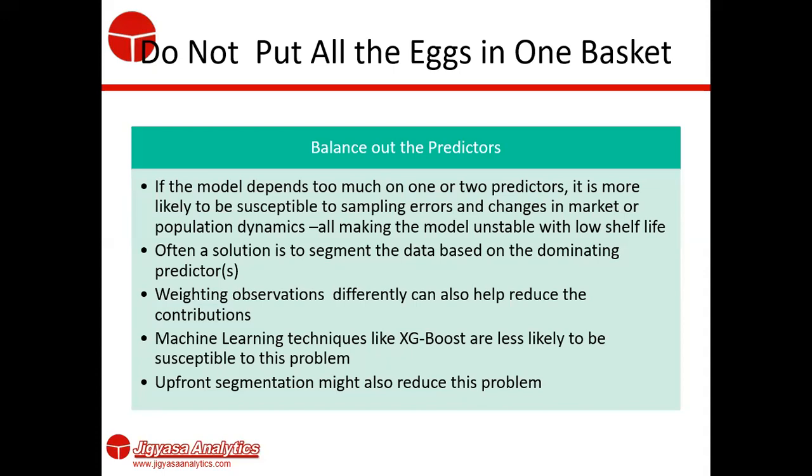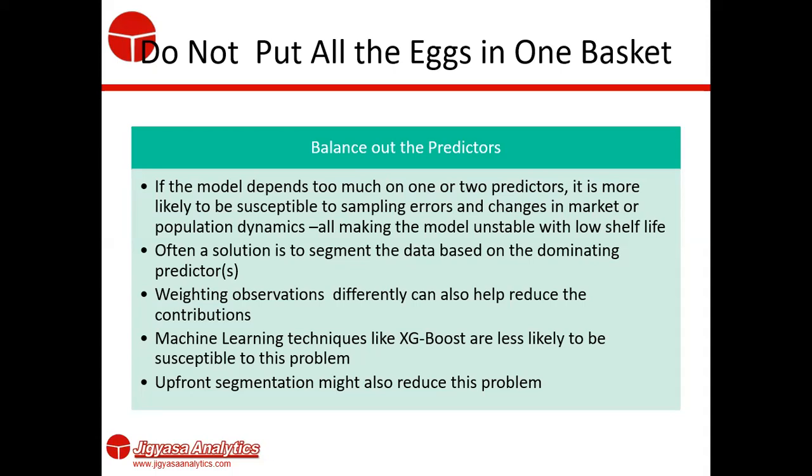So if one field is just dominating the model and controlling the model, a lot of times an approach could be, okay, let us break this predictor into one or two segments, and then develop submodels. Another technique which works very well is weighting observations differently.